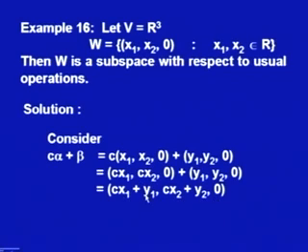Now, Cx1 plus y1 belongs to R because x1, y1 and C are all real. So, this also belongs to R, Cx2 plus y2 also belongs to R, and the third component is 0. So, this vector belongs to W. So, C alpha plus beta belongs to W for given alpha, beta in W, and that means this W is a subspace.